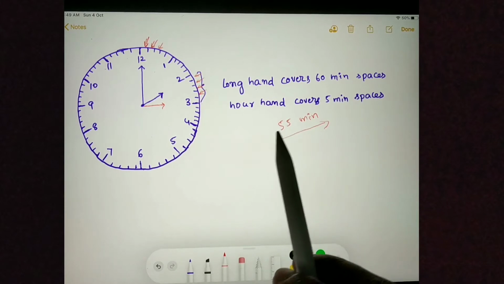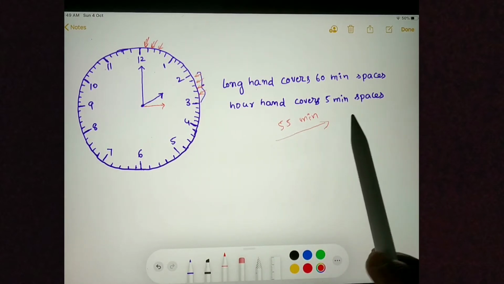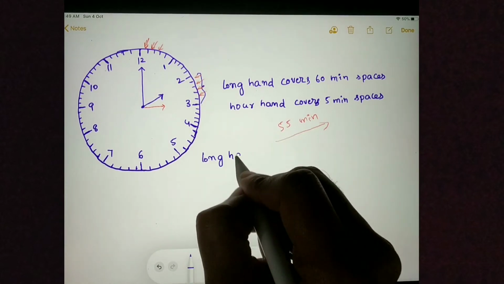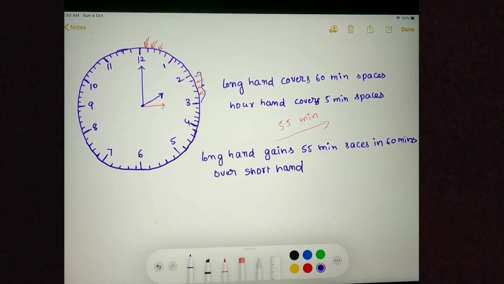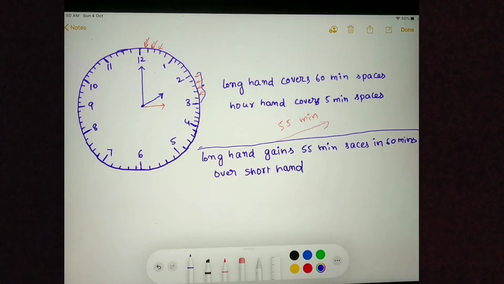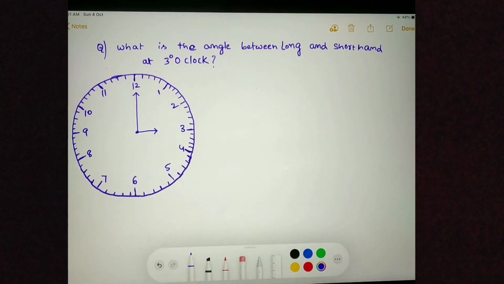From this we can say that the long hand gains 55 minute spaces in 60 minutes over the short hand. This is another important information we need to remember. Most of the problems will be solved based on this. We are done with the basics. Let's move on to problems.